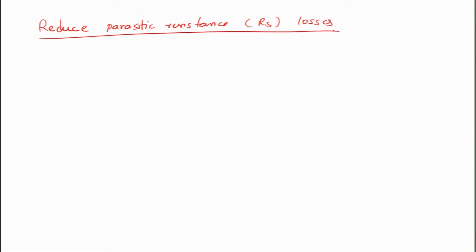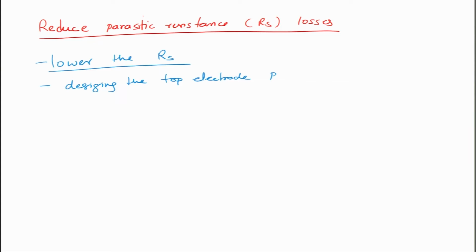So, basically the idea is to lower the series resistance. This is the important thing, and this is done by basically designing the top electrode properly.